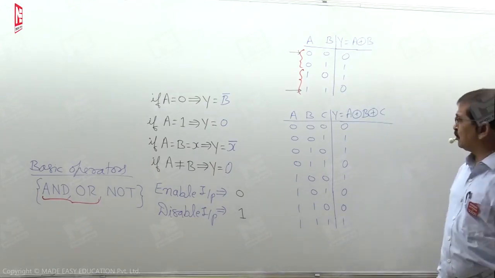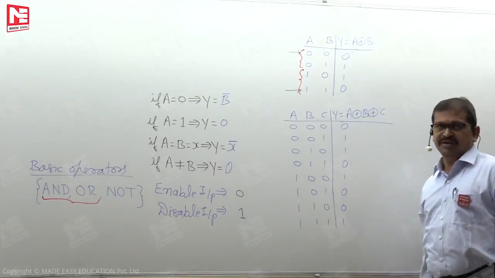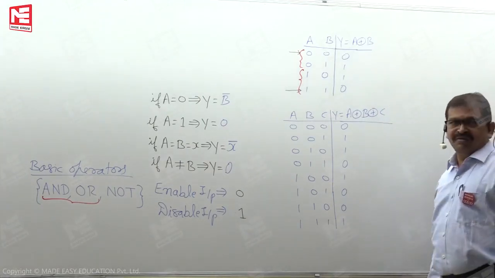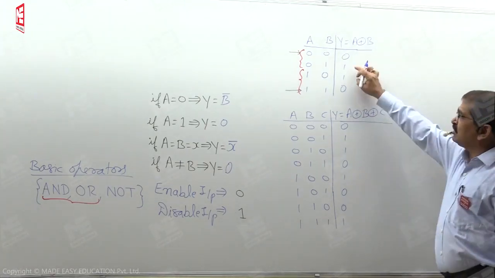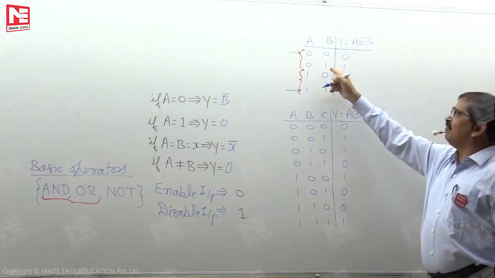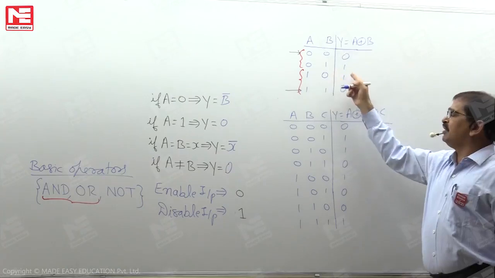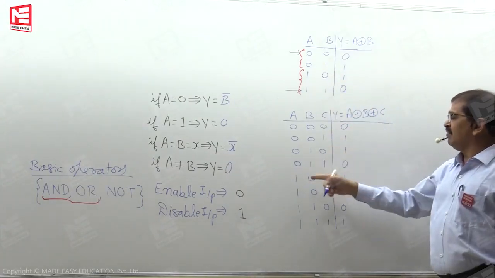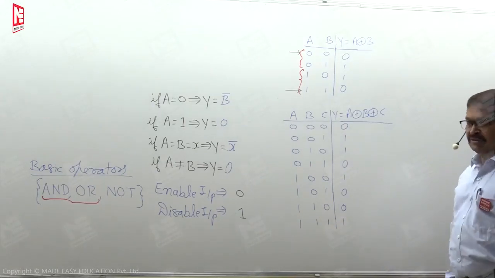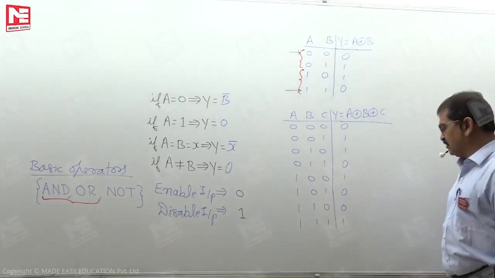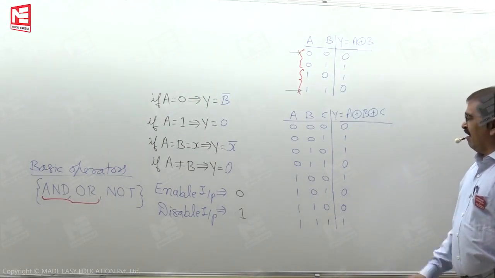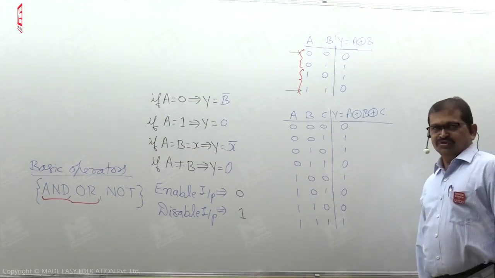Whether it's the case of 2 variables or 3 variables, the result of the exclusive OR operation is 1 as and when only one of the variables is 1, or all the 3 variables are 1. All other cases, the result is 0.